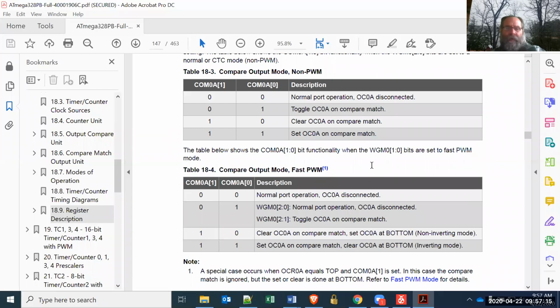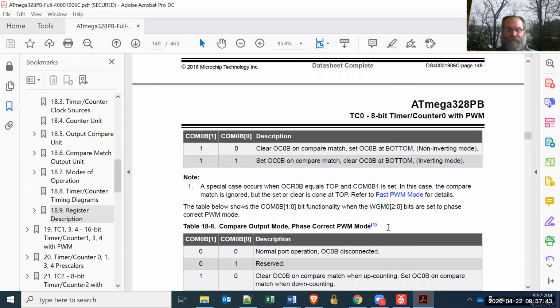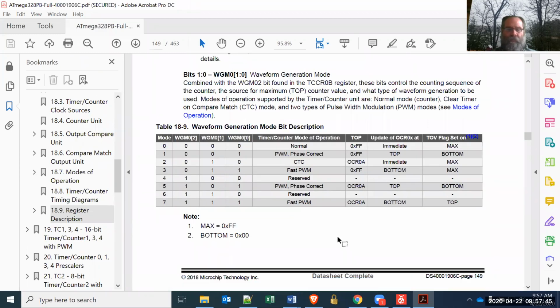Okay, we're going to look at PWM mode here. I was a little bit bothered by what I was just saying, but now this makes sense, because if we're in PWM mode, a setting of 1-0 clears it on compare match and sets it at bottom. We need to look at what bottom is going to be. The table here someplace. Okay.